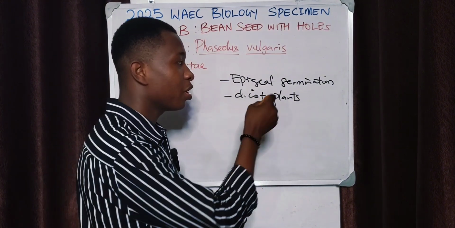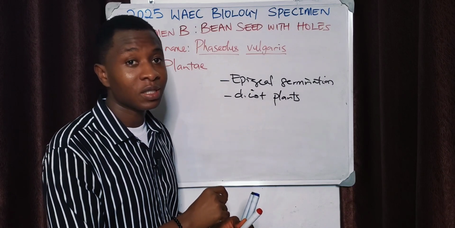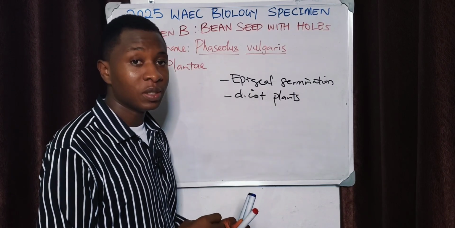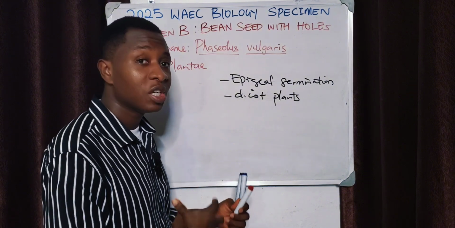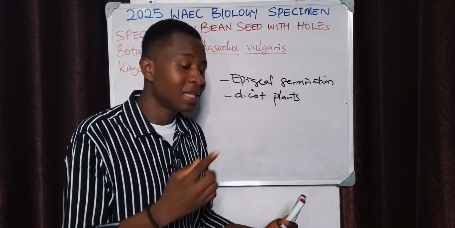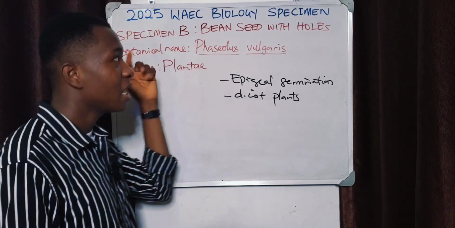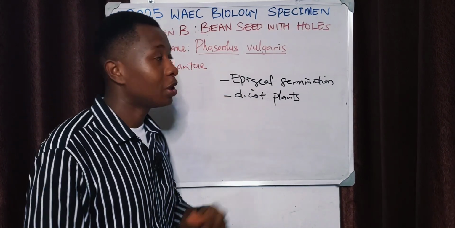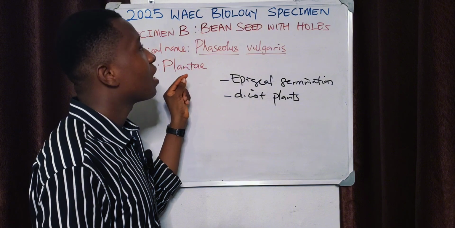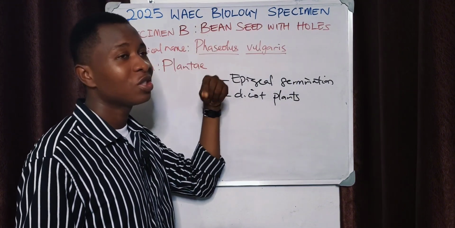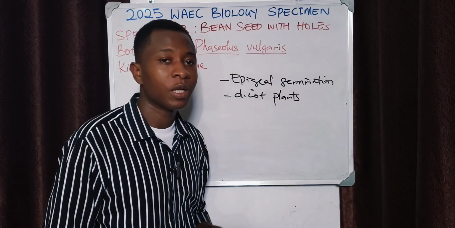The larva starts boring holes in the beans and feeding on the beans, after which it turns into an adult, and that is how the cycle continues. So that's the relationship between specimen A and specimen B. Specimen A is what causes the holes in specimen B.